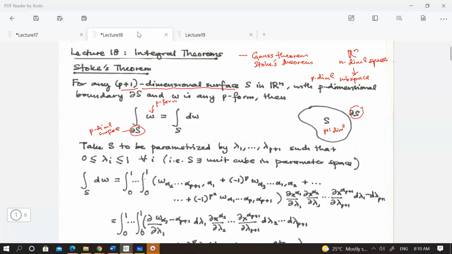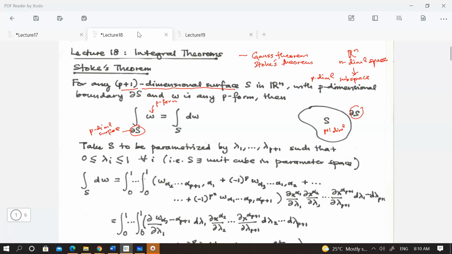So it's always the way you do this for applying differential forms inside integrals. The degree of your differential form, in this particular case P, will always match the dimension of the surface that you are integrating over. So P form, then you have a P-dimensional surface.